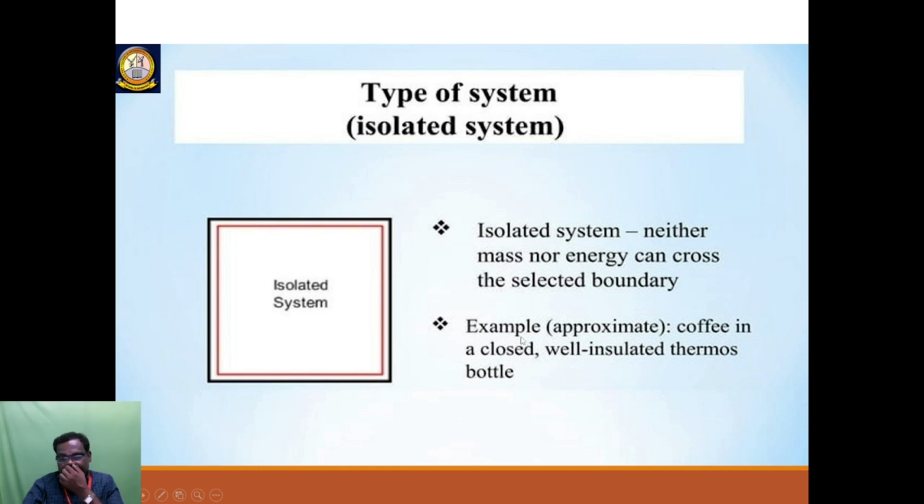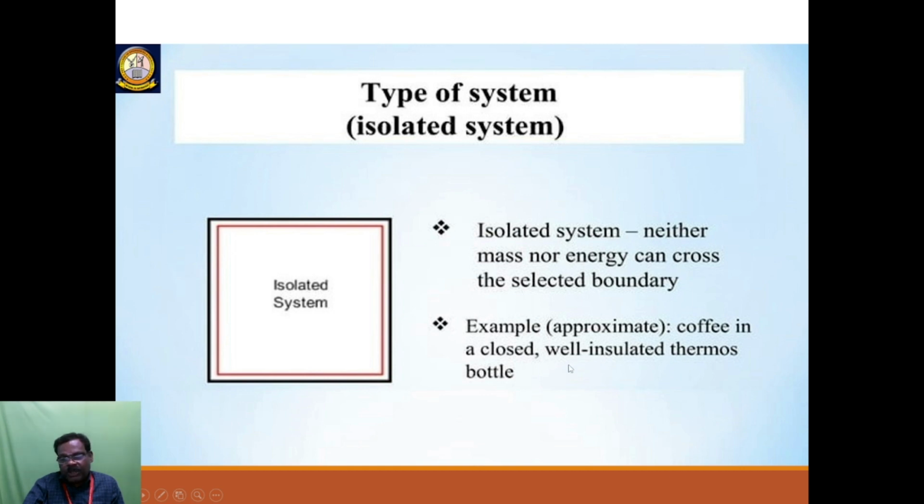A day-to-day life example is coffee in a closed, well insulated thermoflask. You are keeping coffee inside the thermoflask. So what about the mass and energy? If it is closed, the quantity of mass is not changed, so mass does not cross the boundary of the system.